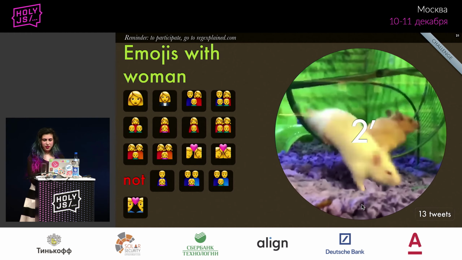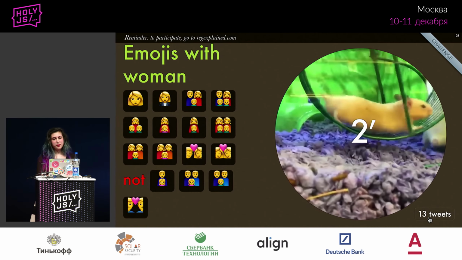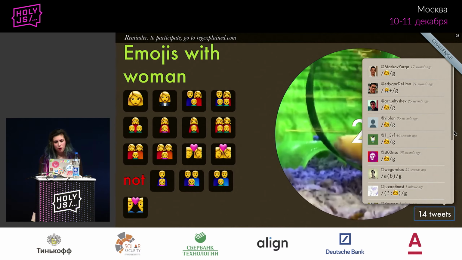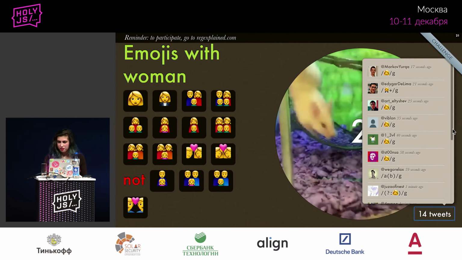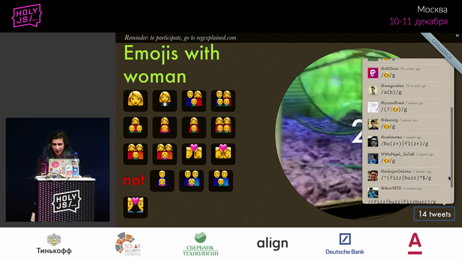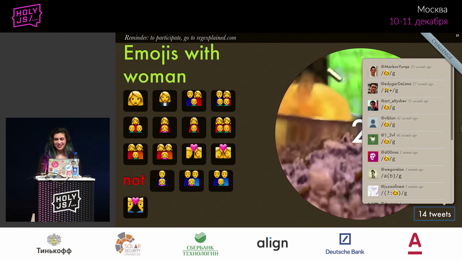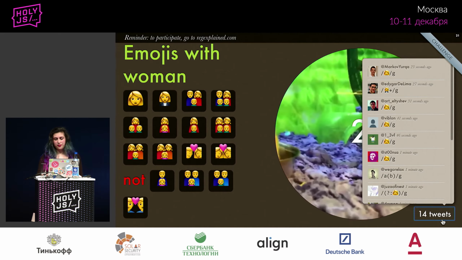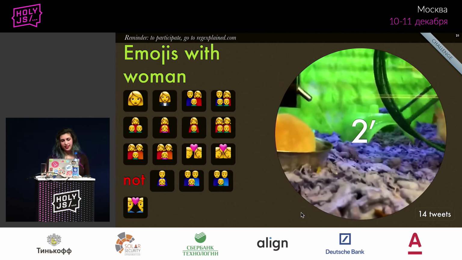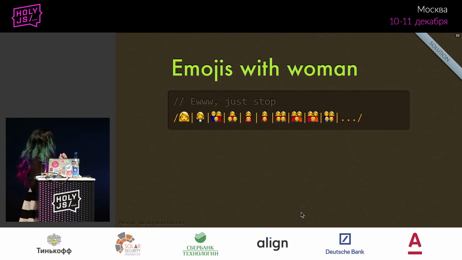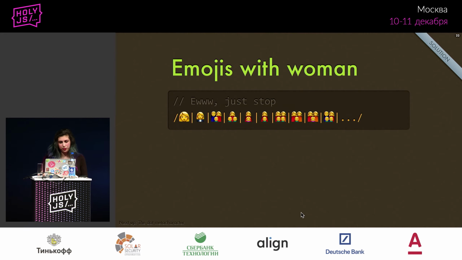Okay, wow, we have 13 tweets now. Time's up, let's see what we have. Very good. Many of you pretty much got there. Excellent. I kind of gave you a hint earlier. So, thankfully, nobody tried to do this, which is great, because that would be terrible.